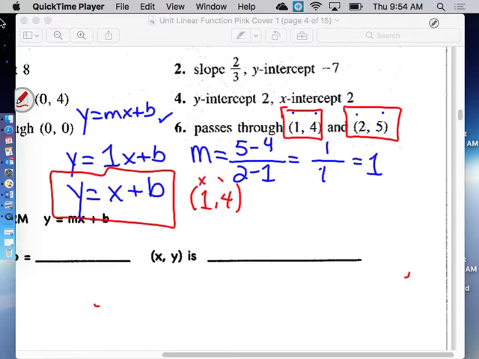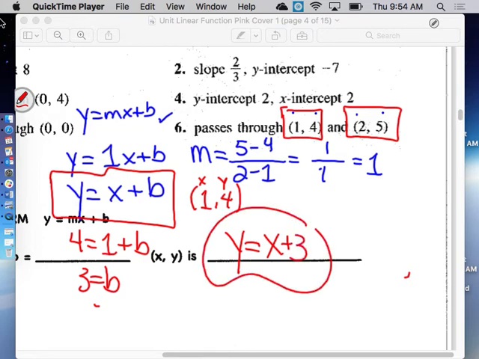This is my x and this is my y, and I could make substitutions into my equation, which would enable me to solve for b. Now I have a b value and I know the slope. So the linear equation in slope-intercept form under the conditions provided in number 6 would look like this: y equals 1x plus 3. And we will get more practice with that.